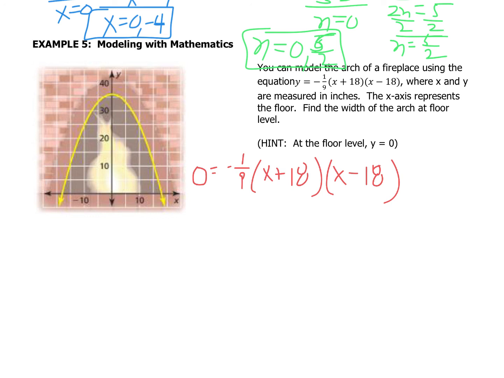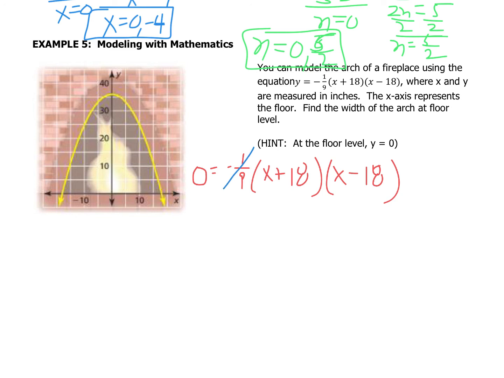So because of that, the zero product property is now perfect to use here. It makes this one actually super easy. You don't even need to think about a calculator. The very first thing I'm going to do before I look at my zero product property is divide both sides by this negative 1/9.